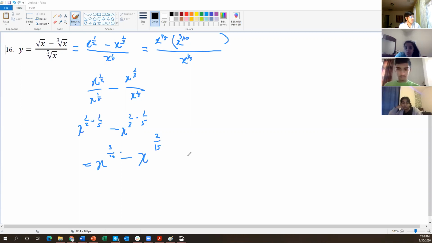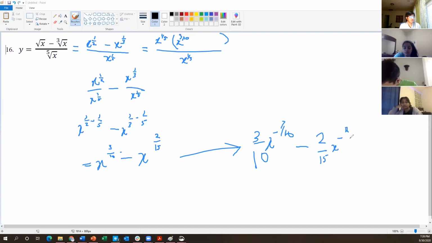And then you would have to take the derivative of these individually. So this would become 3/10 x to the negative 7 over 10 minus 2 over 15 x to the negative 13 over 15. So that's how you do that.